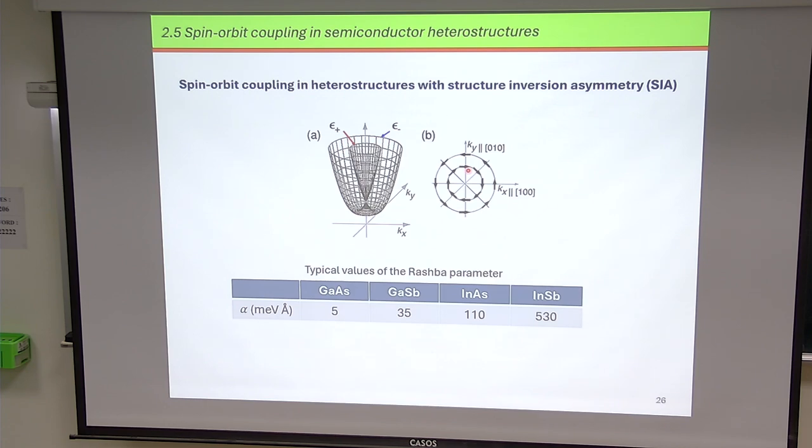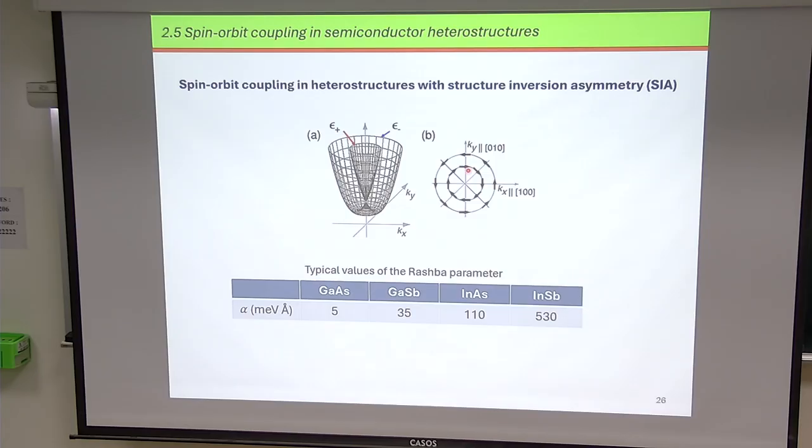These are the so-called three-dimensional topological insulators. Typical values for this alpha in millielectron volt angstrom: for gallium arsenide it is small, about 5. But for indium arsenide and indium antimonide it is large, 110 and 530 millielectron volt angstrom.